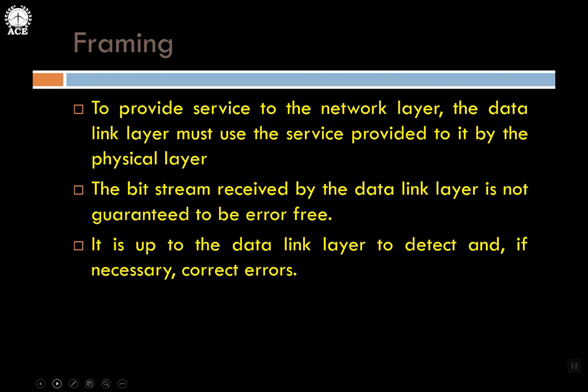Now what is framing? The first functionality. As I said, the sending data link layer will send the frames to the physical layer. The physical layer will break the frame into bits, and the bits get transmitted over the communication channel. Diagrammatically, this is the communication channel and this is a receiver. The sender sends the bits onto the media, and the receiver receives the bits.